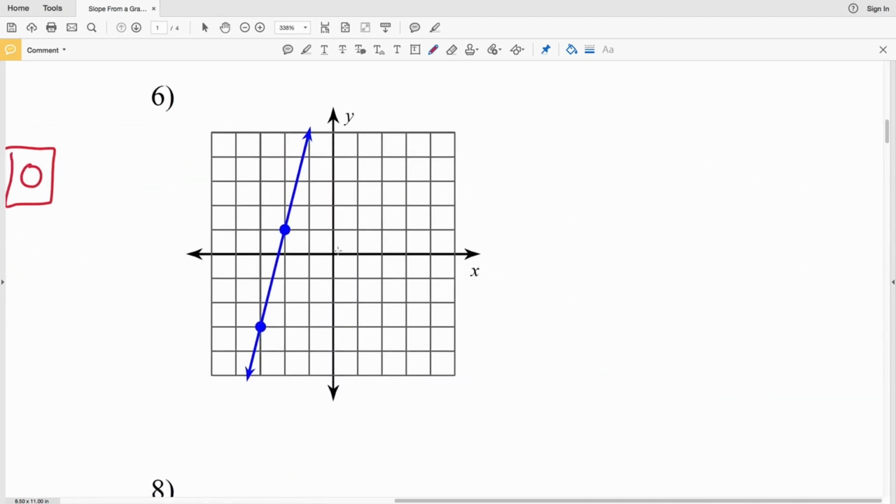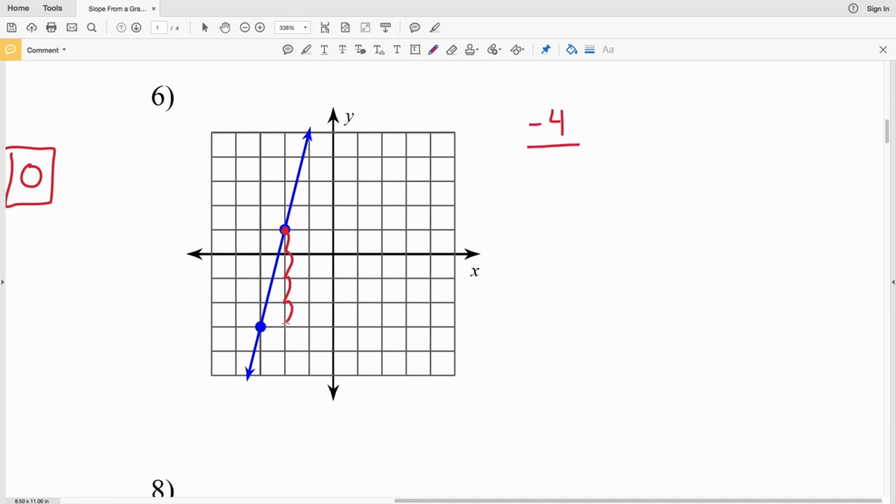In number 6, I'm going to switch things up a bit, and we're going to start at this rightmost point, as opposed to the leftmost point, which we have been starting at. So to go from the right point to the left point, we're going to go down 1, 2, 3, 4. So that's going to be negative 4 for the rise.